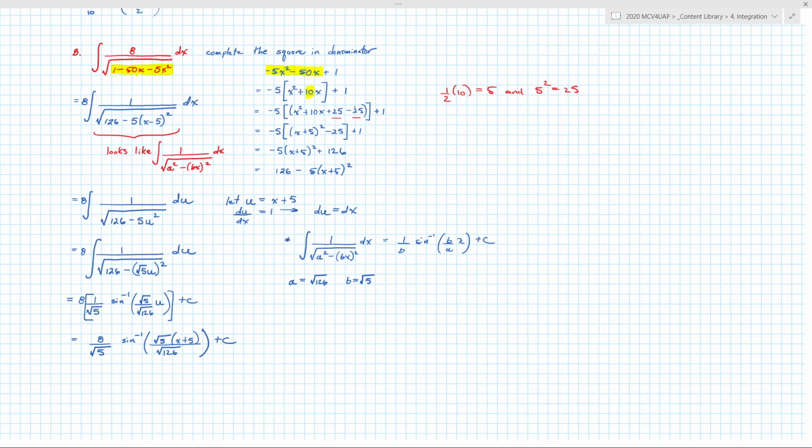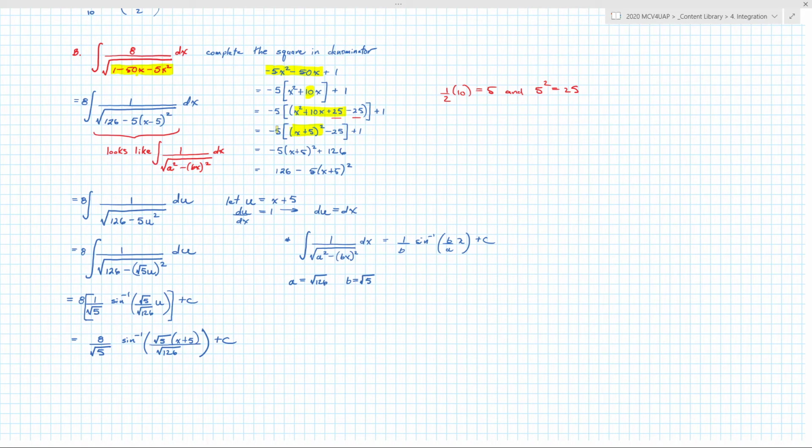Then you write the x squared plus 10x plus 25 as x plus 5 squared. Okay, and then you still have that minus 25 inside the large square bracket.